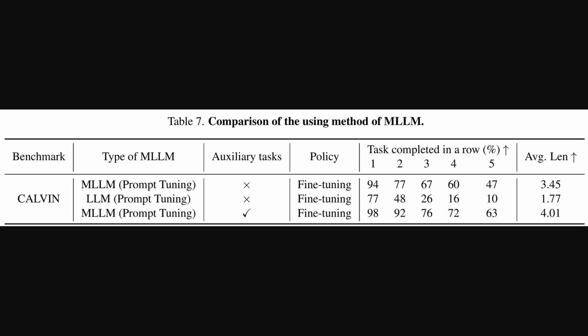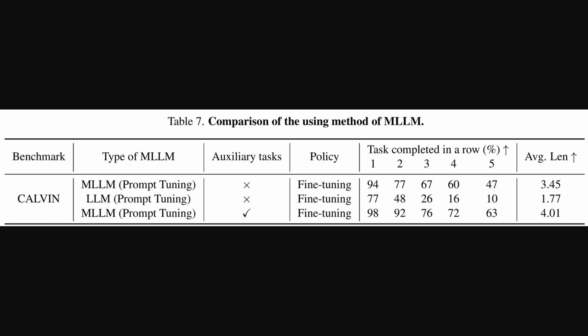Okay, and following that insight on projector pre-alignment, this table further compares different ways of using the System 2 model. It shows performance in the Calvin benchmark, highlighting that a large multimodal LLM using prompt tuning, a technique adapting the model by only adjusting small prompt parameters, already outperforms a standard LLM.